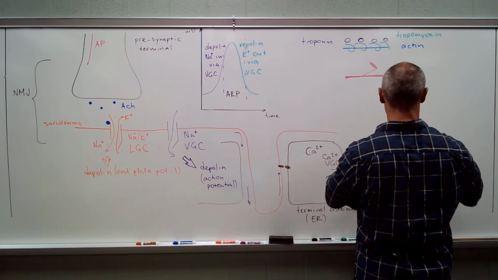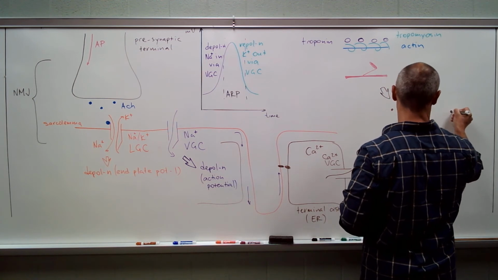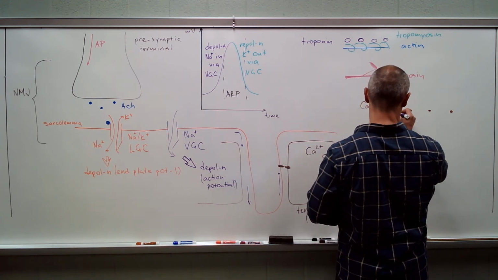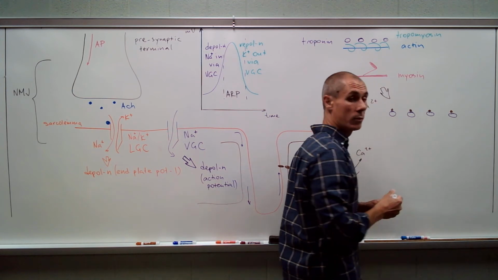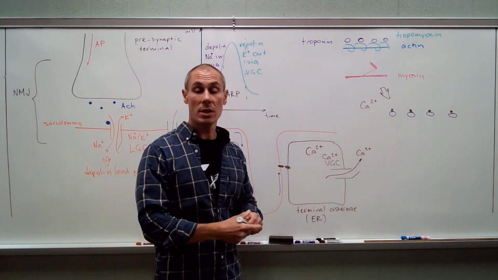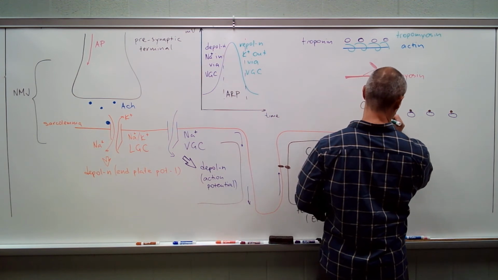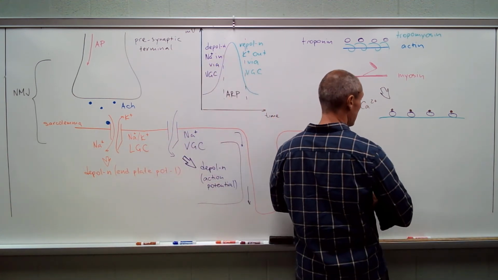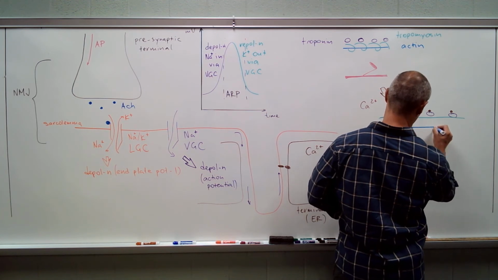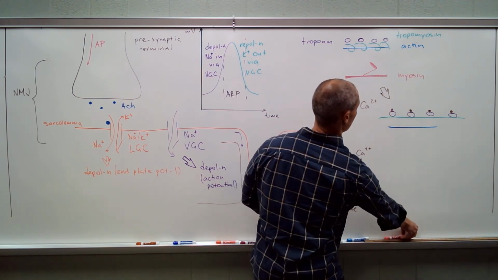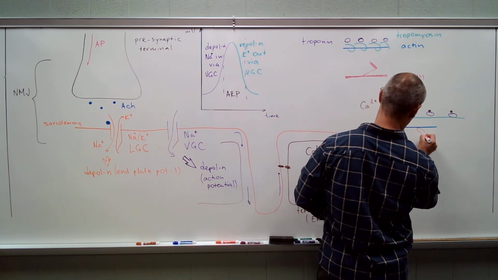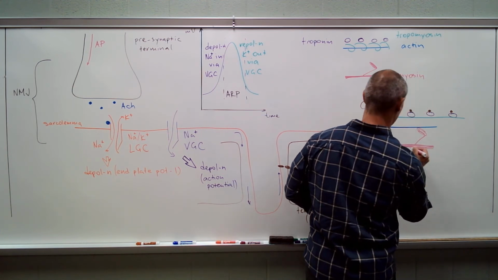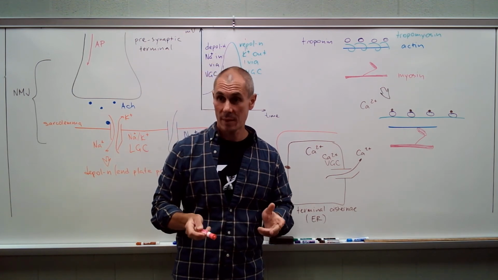Calcium binds to troponin, and this binding induces a change in the shape of tropomyosin, which liberates actin, and actin now can form a cross bridge with the myosin. That makes sense?